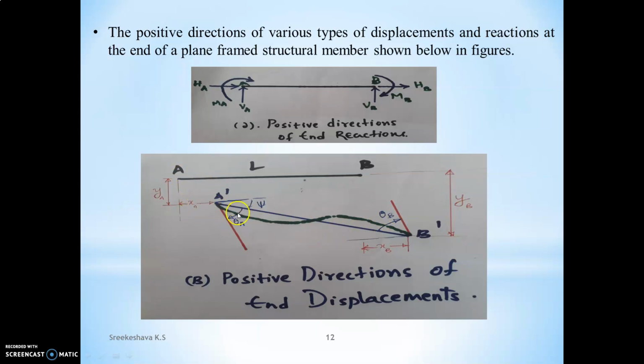Also, theta A is the slope at A. This is the original member, but because of the application of rotation, it changes to a deformed shape. So theta A and theta B are slopes. These are the two rotations, and the one translation is sway. So in members, three displacements: two rotations and one translation. In joints, two translations and one rotation. That is a very, very important thing.